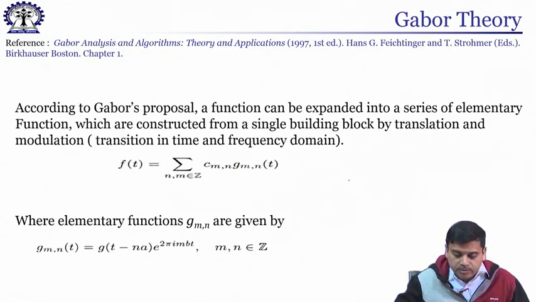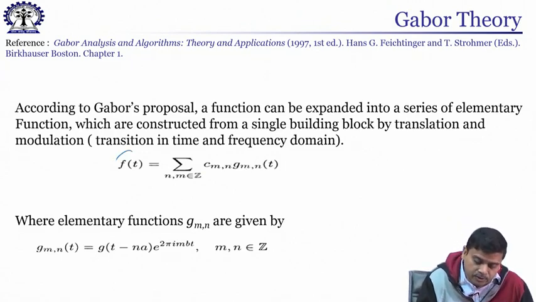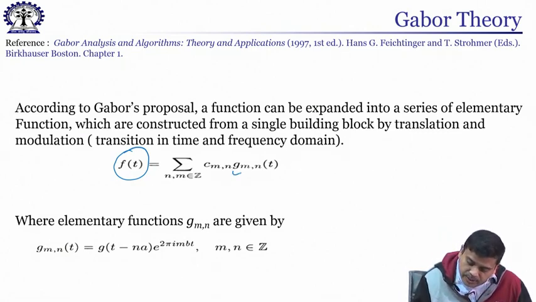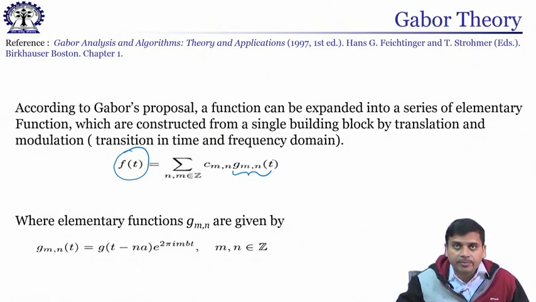So, according to Gabor's proposal, a function can be expanded into a series of elementary functions which are constructed from a single building block by translation and modulation. That means, in this particular expression, we are looking at f of t. It can be expanded using Gmn of t, which are the elementary functions.